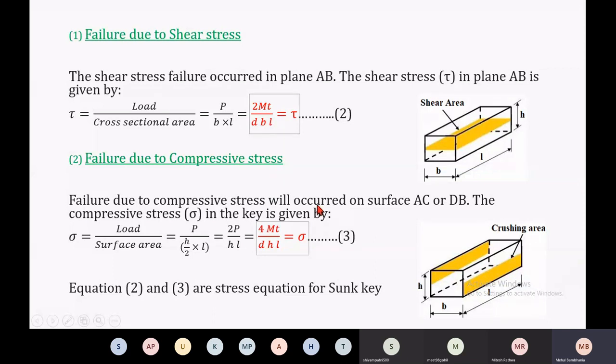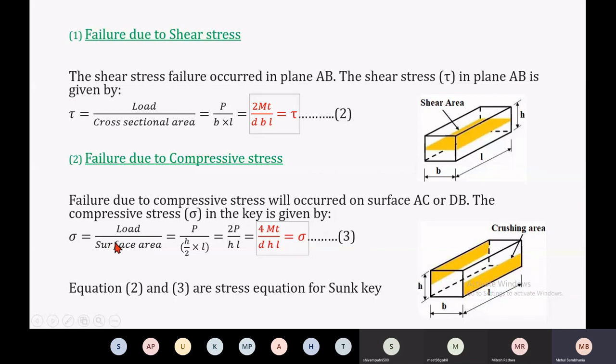Now I mentioned that the second possibility for failure is crushing stress. That crushing stress is ultimately one kind of compressive stress. It acts on two opposite planes, and due to that action, this key will experience compressive stress, which can be given by the fundamental equation, load by area.